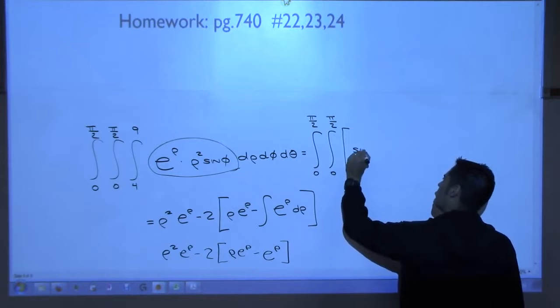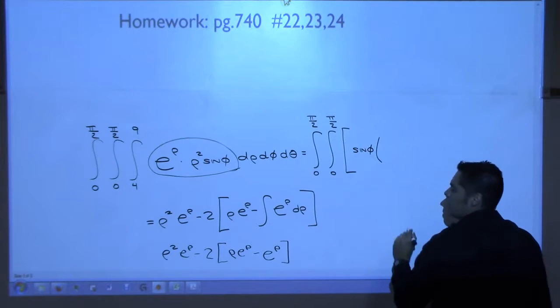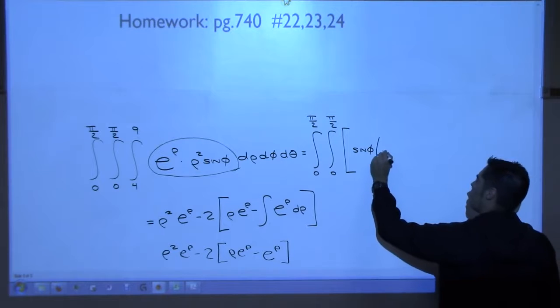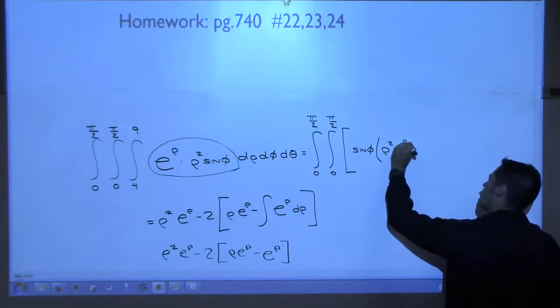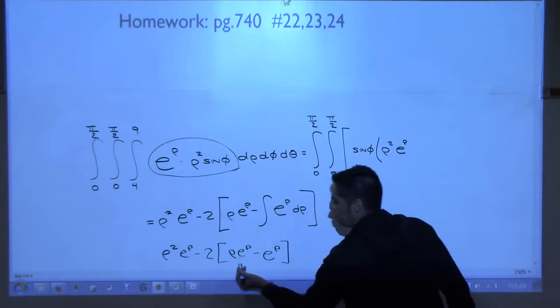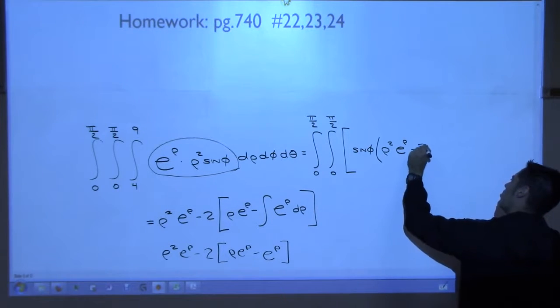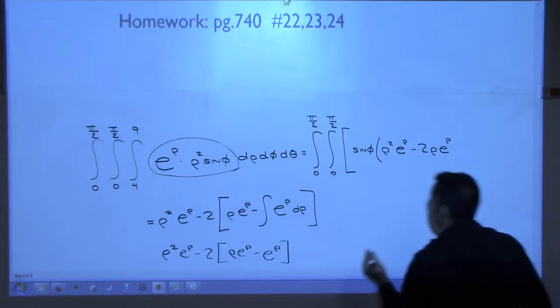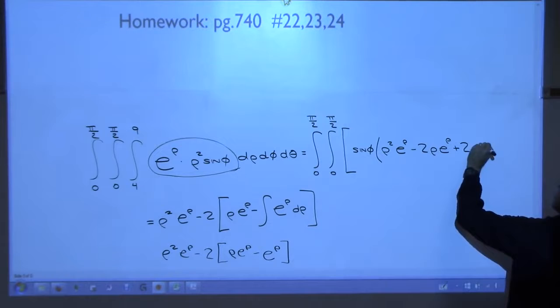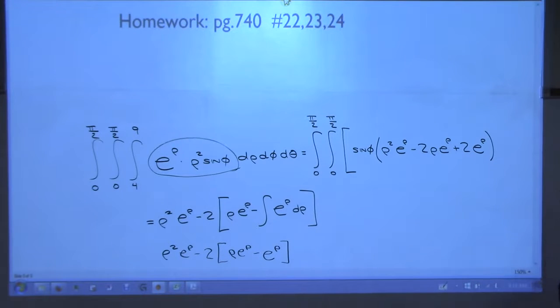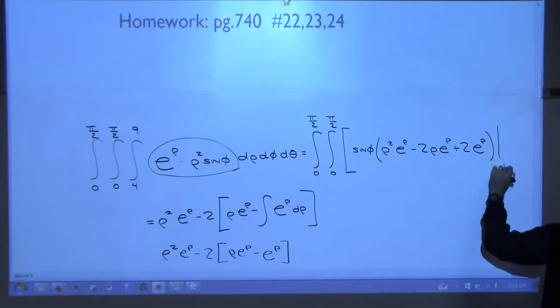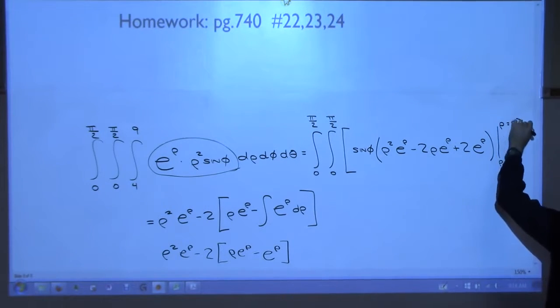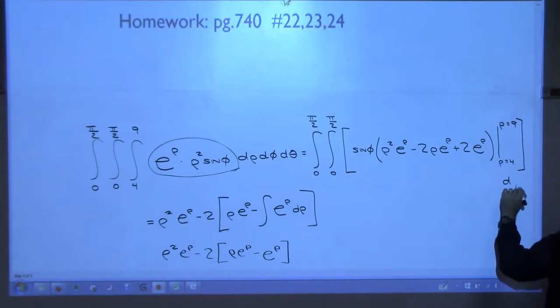I'll just put the sine phi here, sine phi times rho squared e to the rho, that's this, minus 2 rho e to the rho, and then plus 2 e to the rho. And I'm evaluating that from rho equals 4 to rho equals 9. And then I still have d phi d theta.